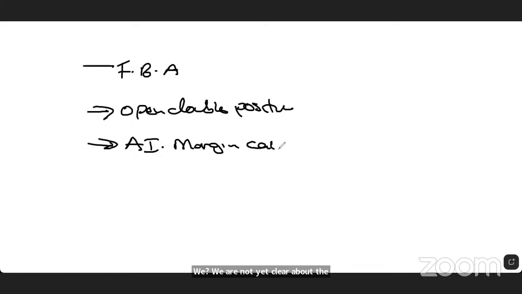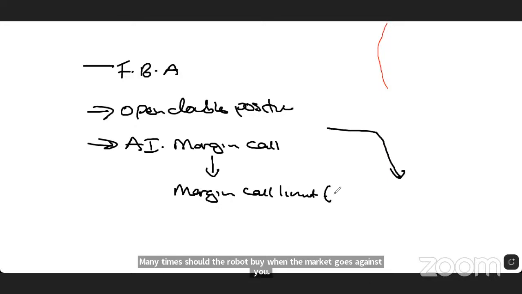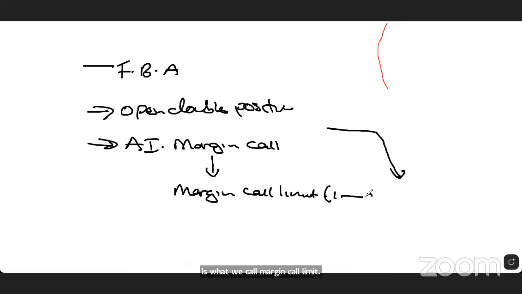The AI margin call takes us to what we call the margin call limit. When you have entered from here, how many times the robot should buy when the market goes against you is what we call margin call limit. And you can set from 1 to 999.